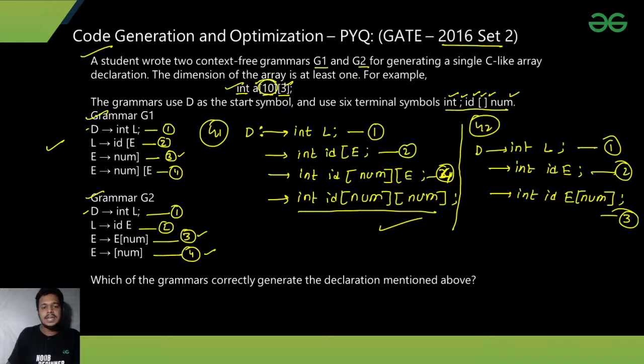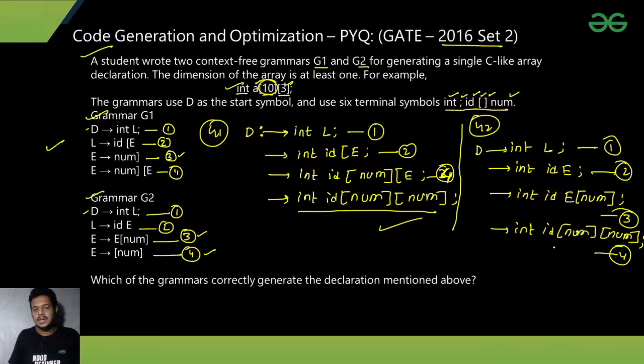Now for this 10, we need to follow production rule 4, and now we can end, because we don't need to move further. So num and num, that is the fourth production rule, and I'm just giving the semicolon. In this way you can see our given array declaration statement is generated.